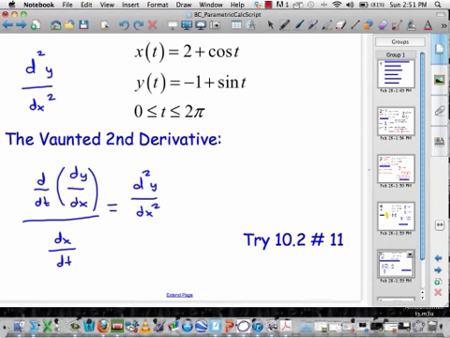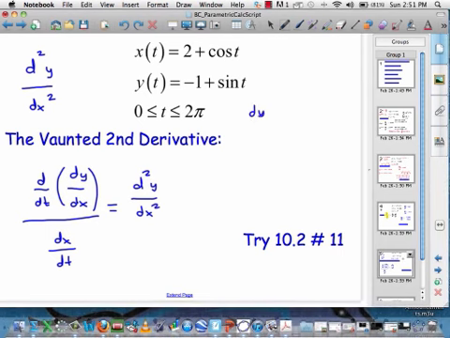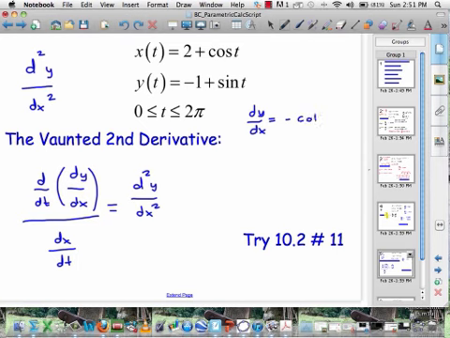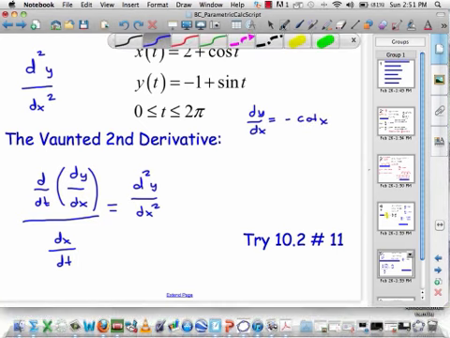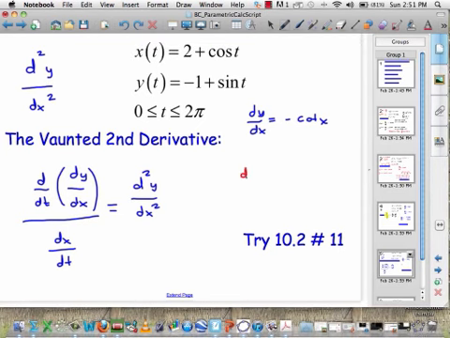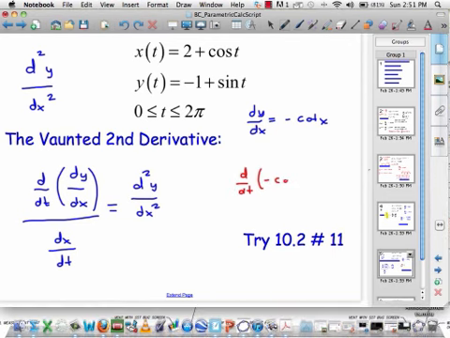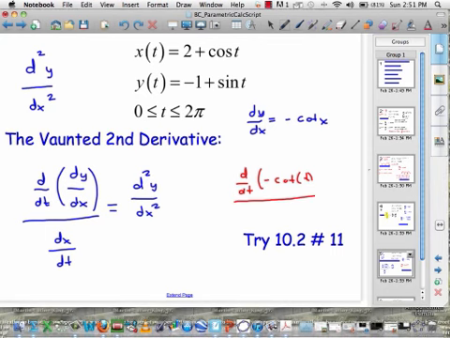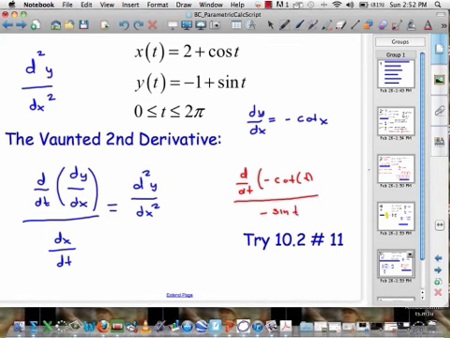We saw on the last slide that dy dx could be written as negative cotangent t. So what do I need to do to calculate the second derivative? I need to take the derivative of that with respect to t, so d dt of negative cotangent t, divided by dx dt. And what was dx dt? It was negative sine t. What is the derivative of negative cotangent t?